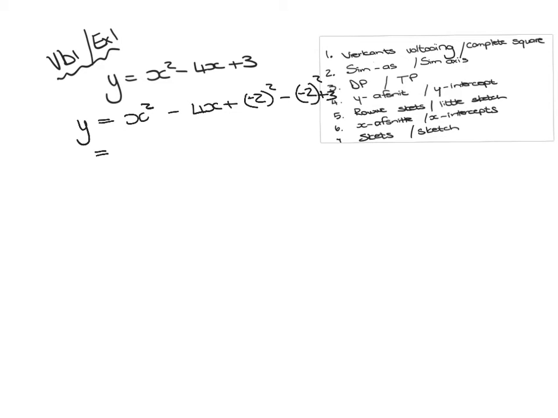So now you say one of these x's with that sign, hierdie tekenkie hierso, minus 2, and then you close your bracket squared, and here at the end, it's minus 2 squared is 4, minus times 4 is minus 4, so minus 4 plus 3 gee vir my, minus 1.